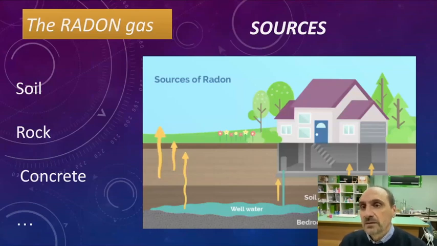We can generally find it in our soil, the rock, in the concrete. It's trapped inside, but as a gas, it spontaneously goes up. And once it reaches the air, it is mixed in the air. So actually, I'm breathing now air with radon inside.